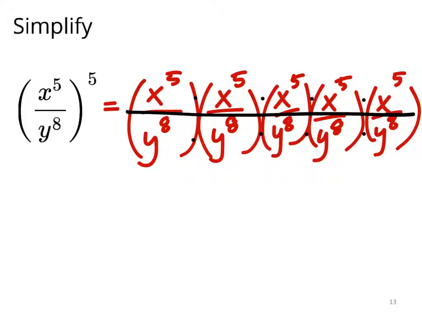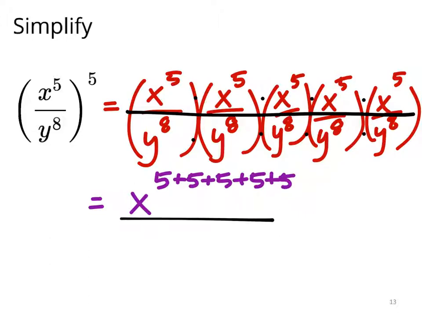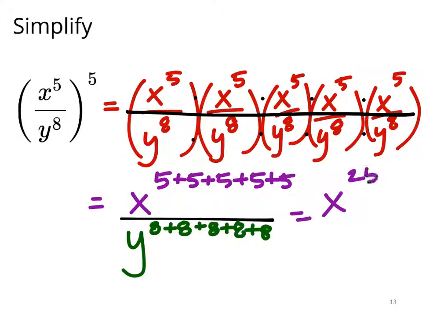So if we wanted to, we could use the rule on this and just add these exponents. And this will be divided by the y's, 8 of those, we're just going to add those together. And this gives us x to the power of 25 over y to the power of 40, which would be our final answer.